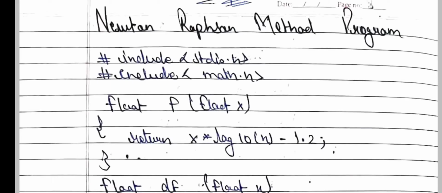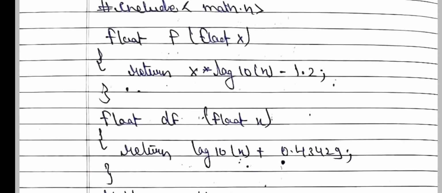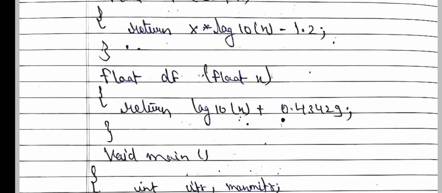It includes the stdio.h and math.h, two libraries, and a function named f that has a floating variable x, and it defines the equation that is x into log 10 of x minus 1.2, that is our equation, and another function that is named as df.